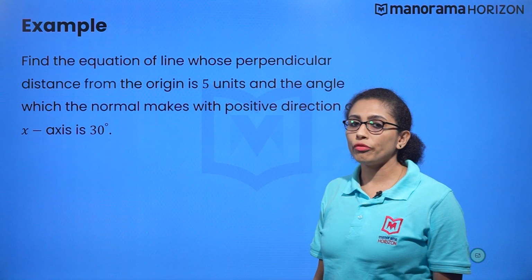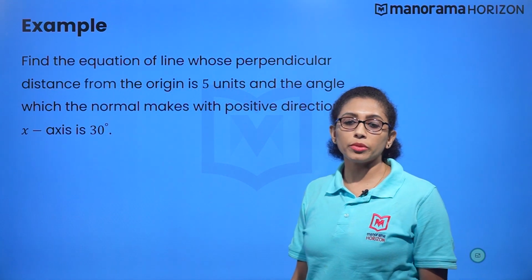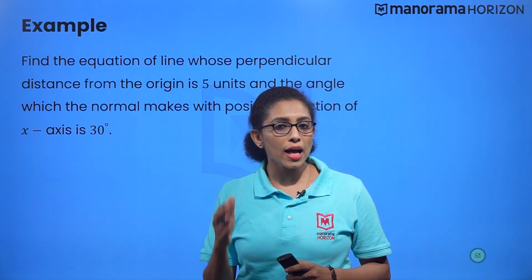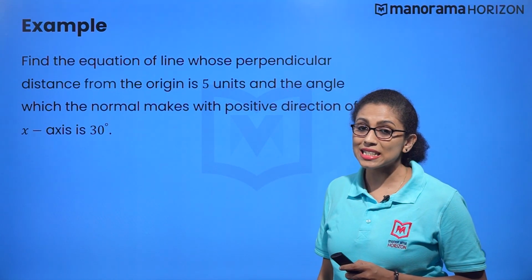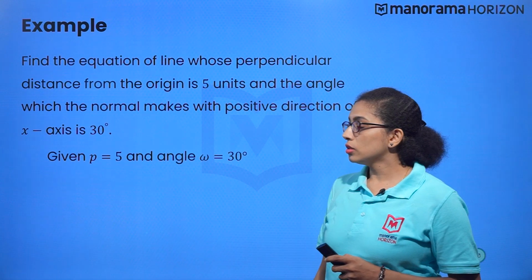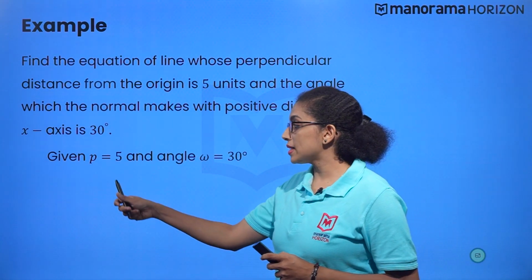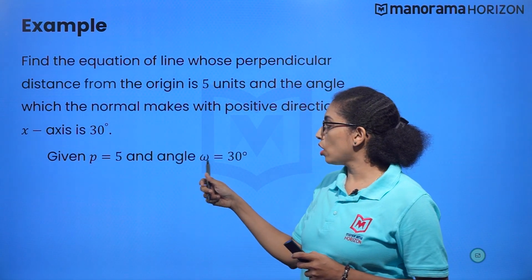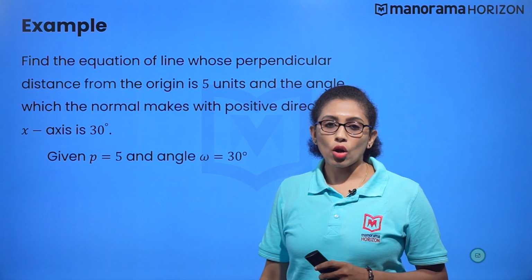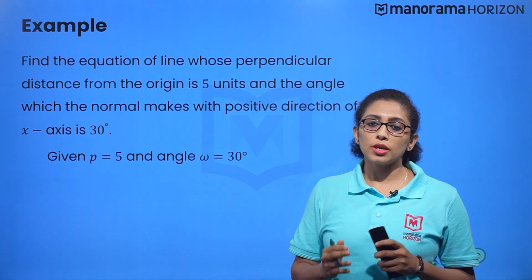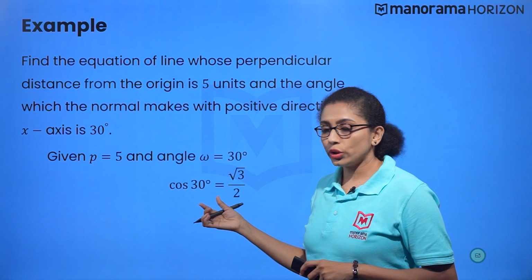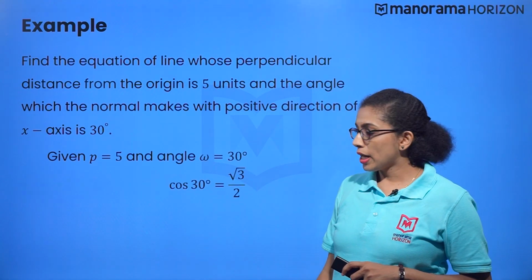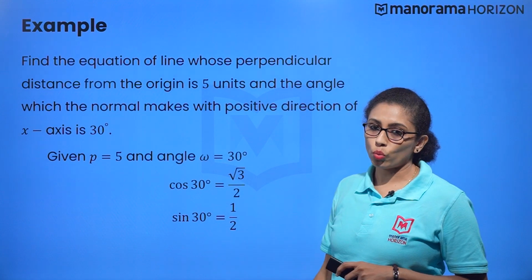Find the equation of a line whose perpendicular distance from the origin is 5 units and the angle which the normal makes with the positive direction of x-axis is 30 degrees. Here we are given that the distance p is equal to 5 and the angle omega is equal to 30 degrees. Now for solving, we have to find first cos omega and sine omega. So cos 30 degrees is equal to root 3 by 2 and sine 30 degrees is equal to 1 by 2.